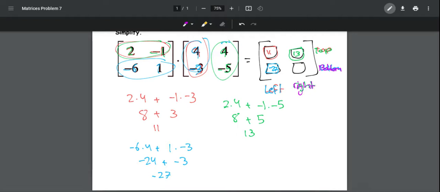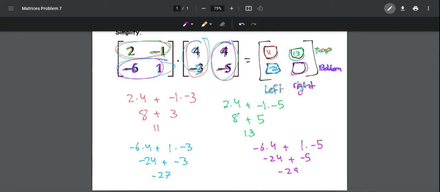Again, we're going to circle the bottom row of the first matrix and the right column of the second matrix, which we're going to multiply -6 by 4, then add 1 times -5. -6 times 4 plus 1 times -5 is going to be -24 plus -5, with the answer going to be -29.